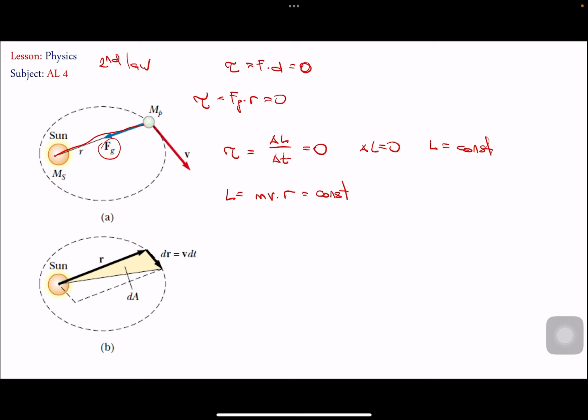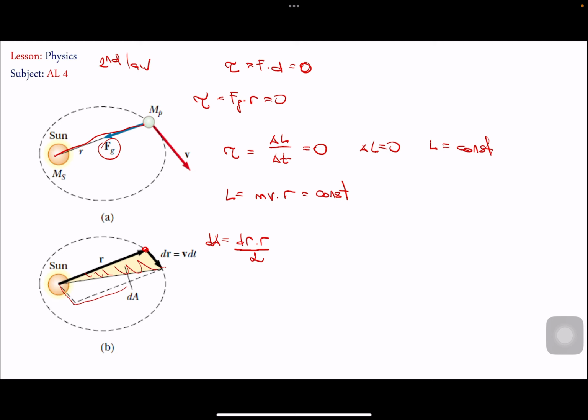So what does it mean? It means that if I try to calculate the area that is covered by the planet that is revolving, the area of this triangle equals dr times r. But since I have dA here, that is the shaded area, that's exactly half of this, so I have to divide it by 2.